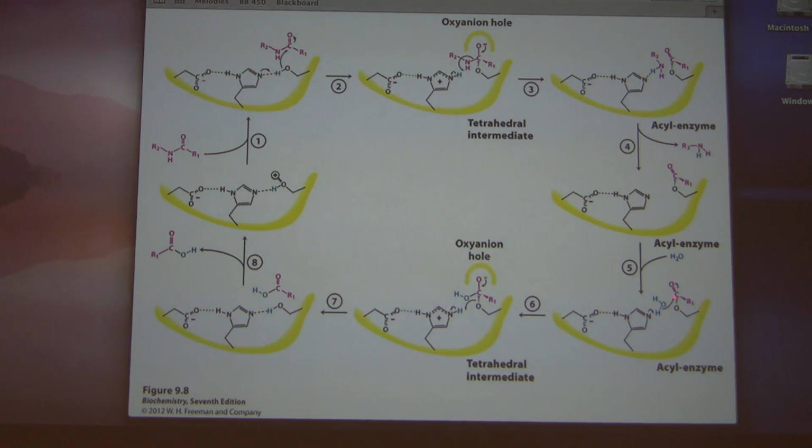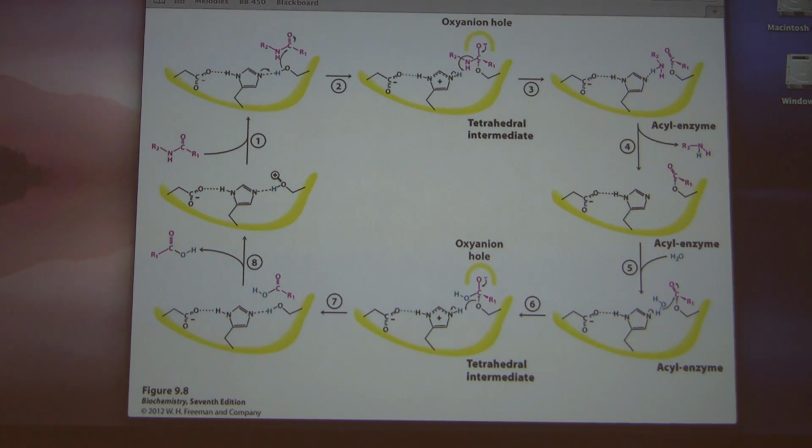And now it breaks the bond between the O of the serine side chain and the second polypeptide chain. The second polypeptide chain is released, and we're back where we started. This second step of getting water to do all of these things is slow. It takes longer for it to happen.